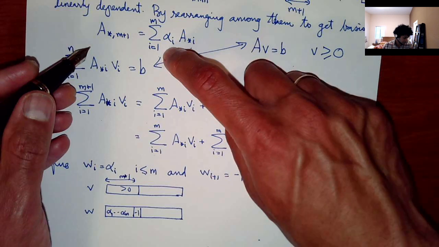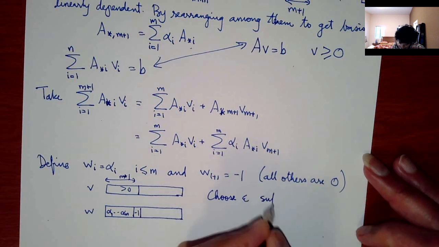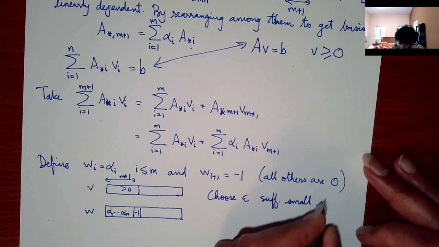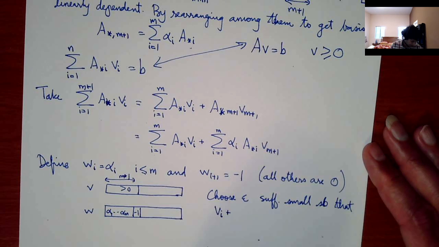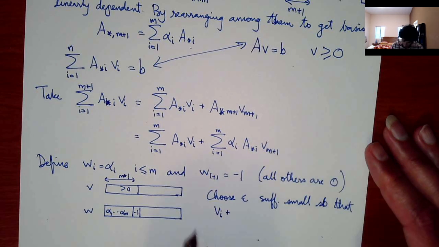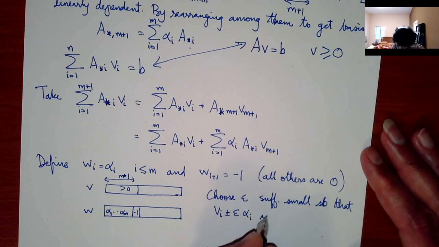And choose epsilon sufficiently small so that Vi plus or minus epsilon alpha i is non-negative.